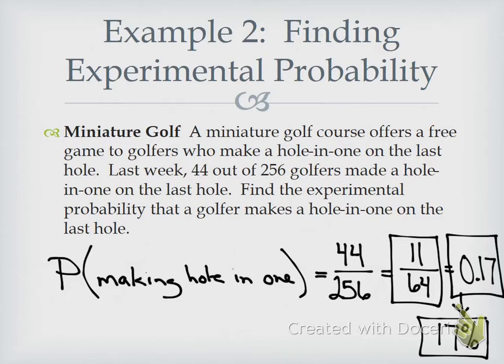But when it comes to actually making an answer practical, which one of those makes the most sense? 17%. Yeah, the percentage. So if I'm the manager, I think, okay, well, I'm offering this promotion. Let's think about it in terms of profitability. Do you want to offer a free game to every person who plays golf if the probability is 100% of them making a hole-in-one?